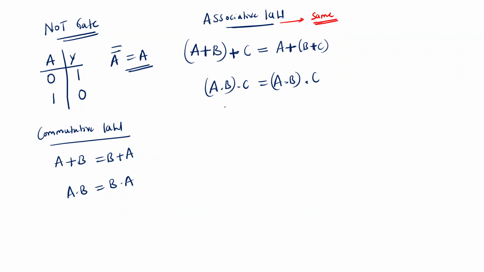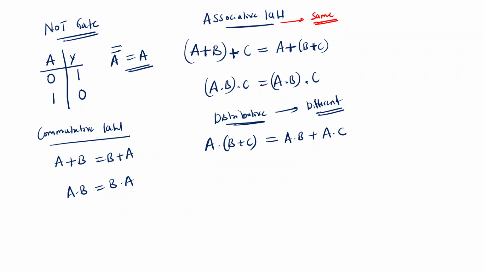Okay, and next distributive law. So what is distributive law? You can remember it like a difference. Here you have A AND (B OR C) equal to (A AND B) OR (A AND C).